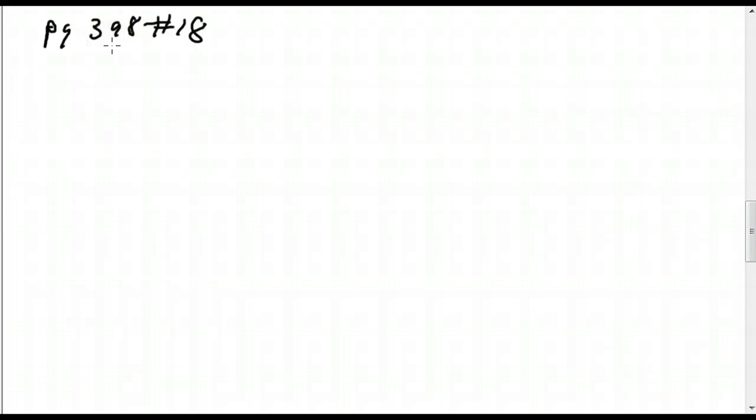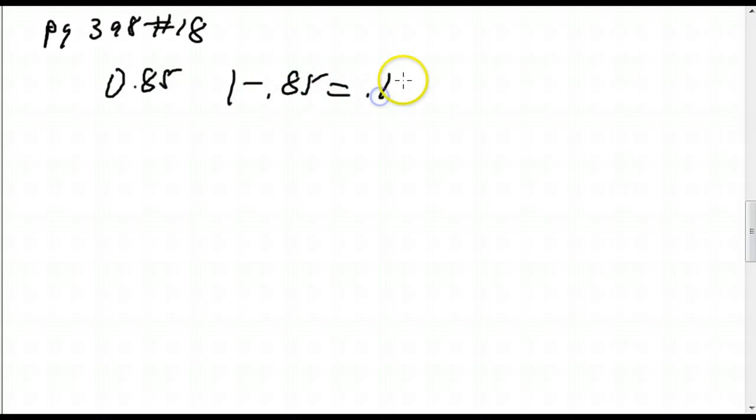Let's start at part A. What did Emma pay for her new car? The initial value will be the number in front, $24,000. The annual depreciation rate, seeing as it's 0.85, remember, we go 1 minus 0.85, which is 0.15, which is 15%.